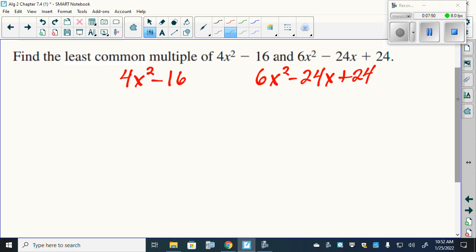Now when we look at either one of these here, the first thing we need to find is a greatest common factor. So if we look at 4x squared minus 16, is there a greatest common factor between these two terms? Well, yes, it would be 4, and we could factor it out. So if I factor a 4 out of 4x squared, I'm left with x squared minus 4 factored out of 16 would be 4.